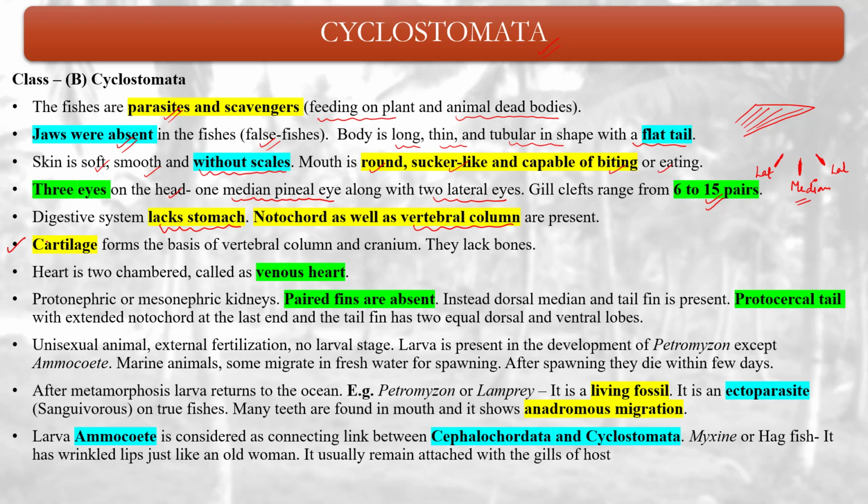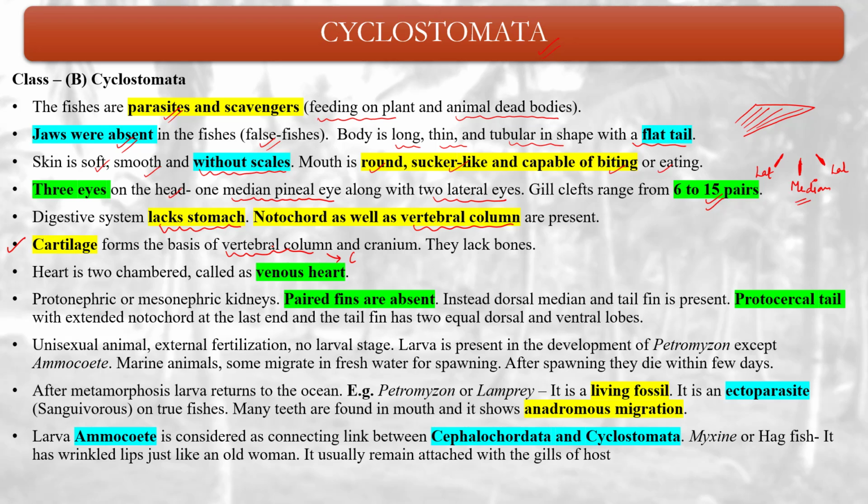Cartilage forms the basis of the vertebral column. The word chondral refers to cartilage, and whenever I pronounce osteo, it means bone.